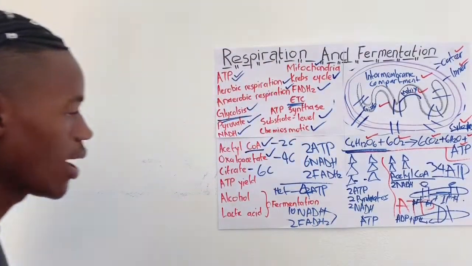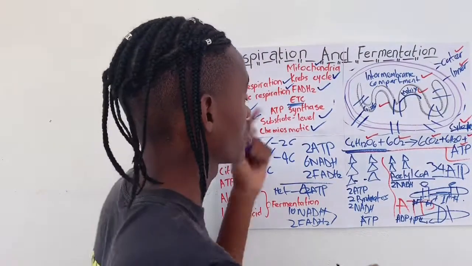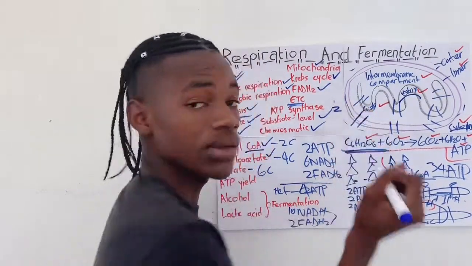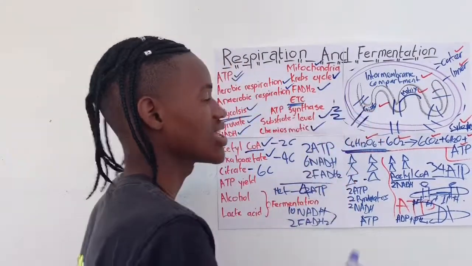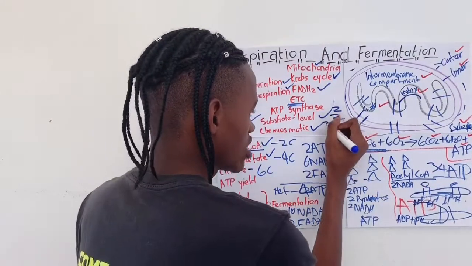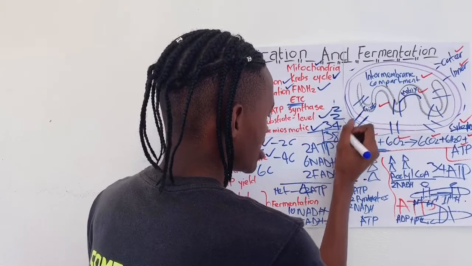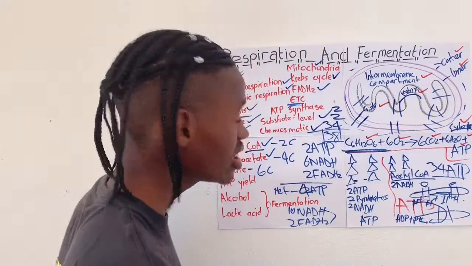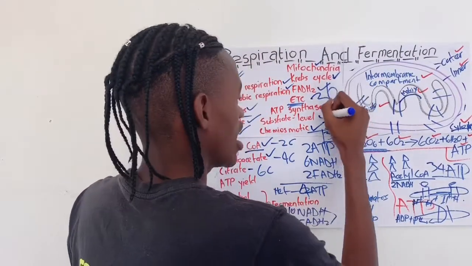And then now the electron transport chain produces a whopping 34 ATP molecules, right? 34 ATP molecules. So now glycolysis makes 2 ATPs, and then the Krebs cycle also makes 2 ATPs, and then the electron transport chain makes 34, which gives us a total of 38. But usually the amount of ATPs that are made is 36 ATPs.